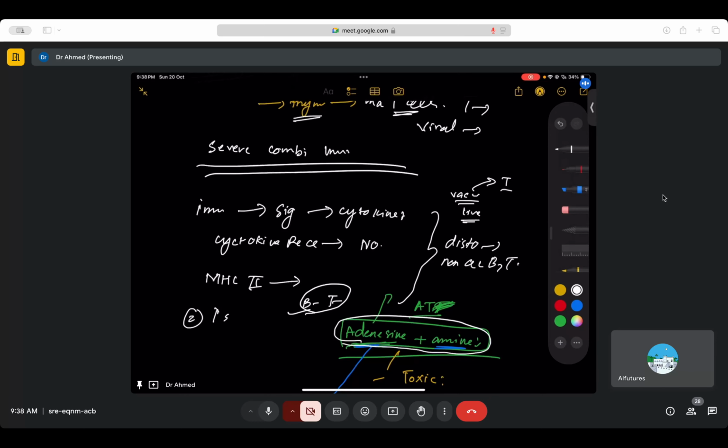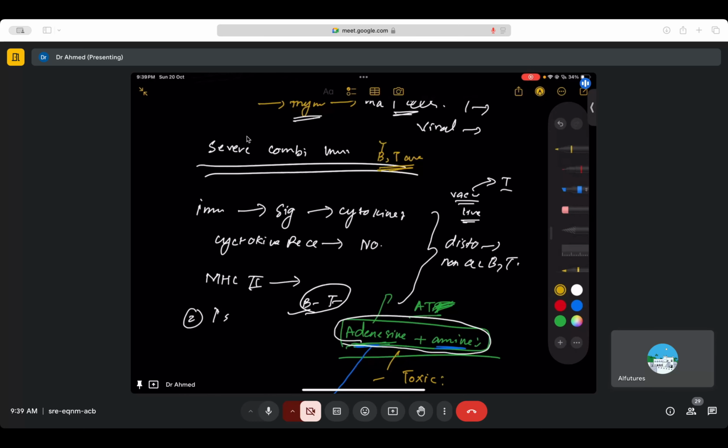Okay, so we were discussing severe combined immunodeficiency syndrome. The basic idea is your B cells and T cells aren't functional. What would be the factors which lead to B and T cells malfunctioning? For example, if these B and T cells do not have cytokine receptor.